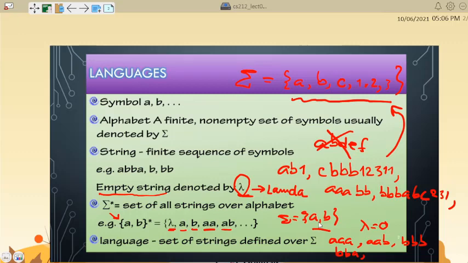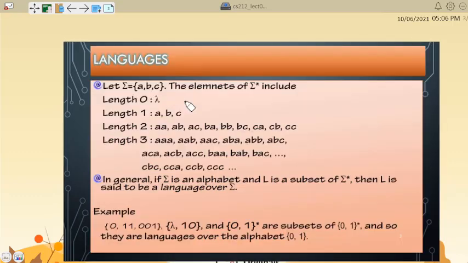If our sigma is equal to {a, b}, our language can have strings with the symbols a and b only. For length 0 we have lambda. Lambda must be in the sigma star all the time.